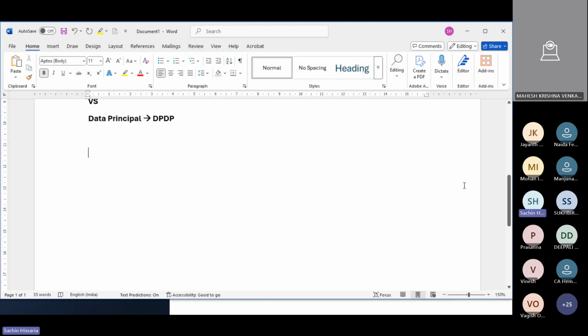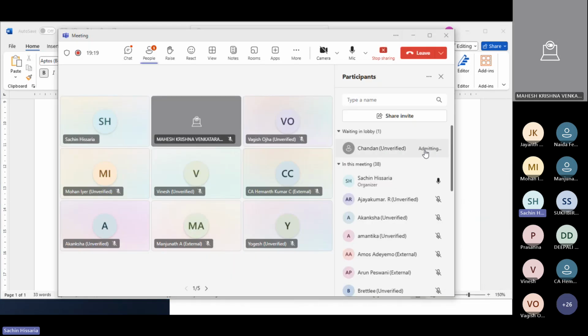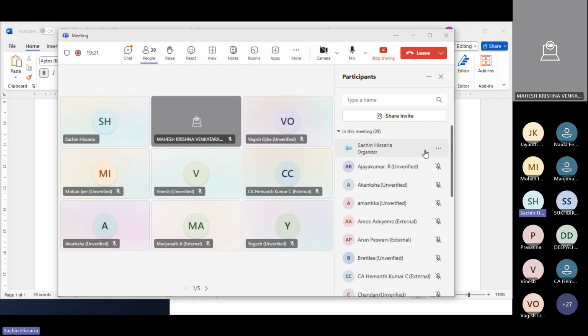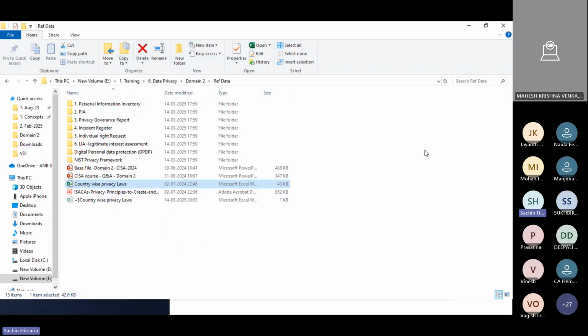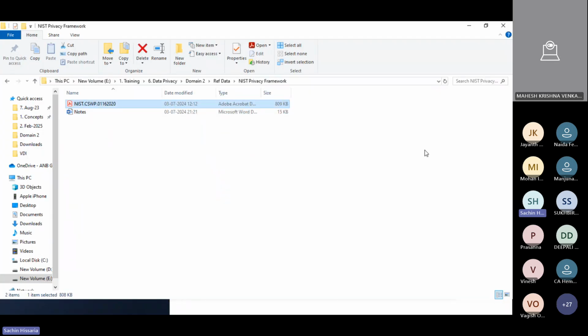So first, suppose a company wants to comply with any data privacy law or framework, what is the first step? They need to familiarize themselves with the law. For example, if my company wants to adopt the NIST privacy framework, have you heard about it by any chance, guys?